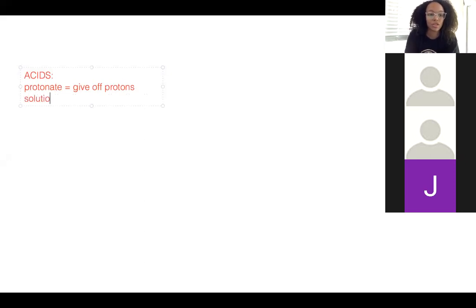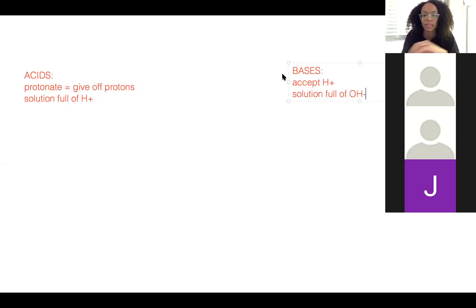That in solution, they are a solution full of protons, H plus ions. And then what do we know about bases? We know that they accept protons, and their solution is full of hydroxide, OH minus.